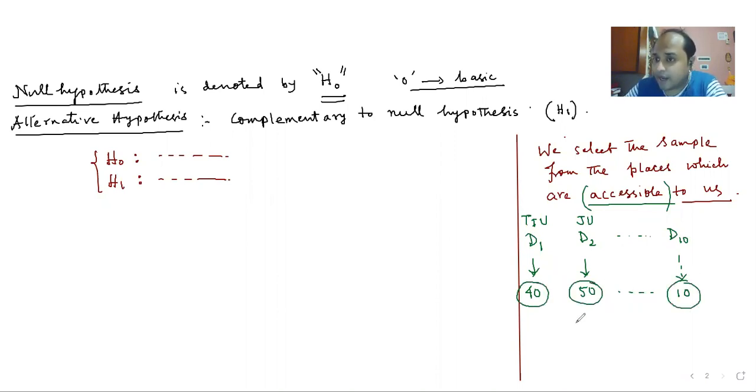I know that these 40 students, 50 students have been selected by the authorities, but I want to implement some sort of arbitrariness into the experiment. So I shall go for a lottery system. I can ask all the 40 students in TIU to be present in the class, and I will put a serial number on all of them.